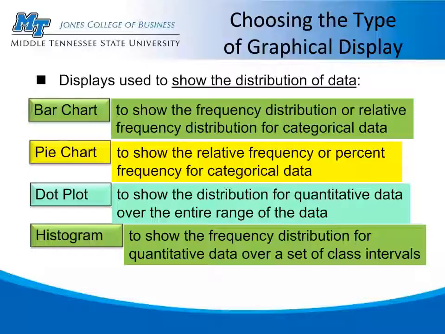Now, if you're dealing with quantitative data, and you don't have a whole lot of different values, you can use a dot plot. The histogram is probably better than a dot plot if you have a really large data set, because you can put it into groups.